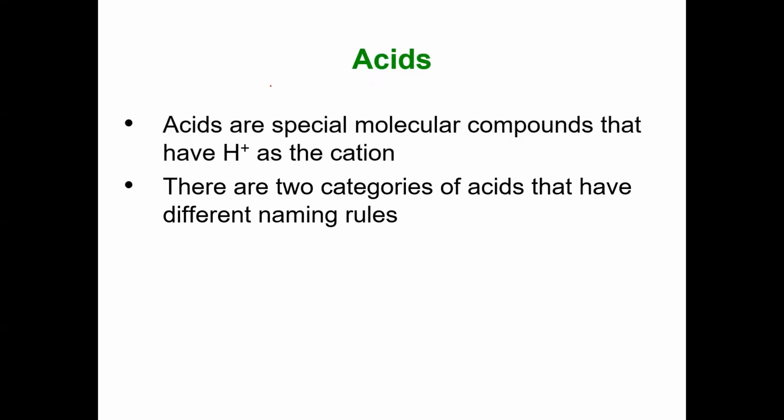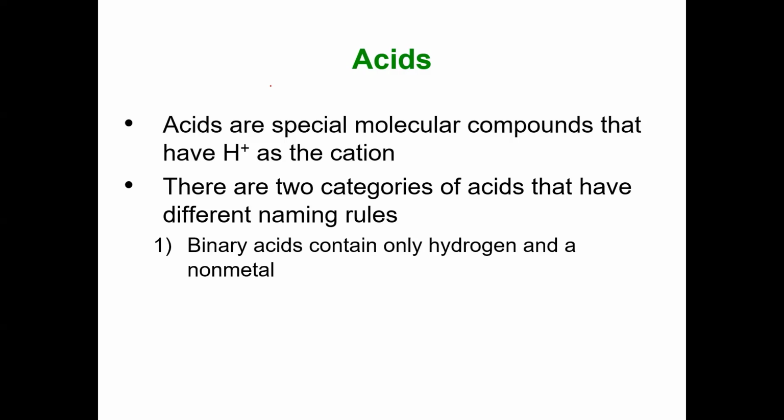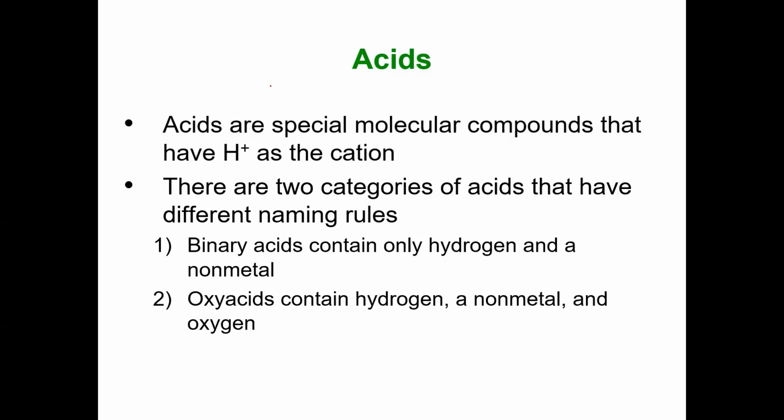There are 2 types, and they have different naming rules. The one type are the binary acids, binary meaning 2. For it to be an acid, it has to have hydrogen, so the other element is a nonmetal, and that's where the name is going to be derived from. And then there are the oxyacids. Those are going to have the hydrogen, a nonmetal, and oxygen.